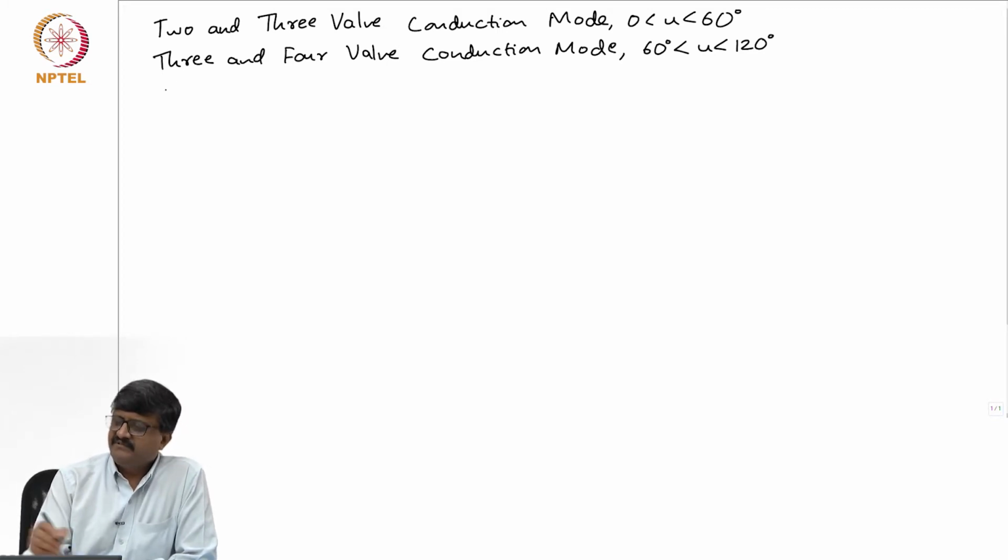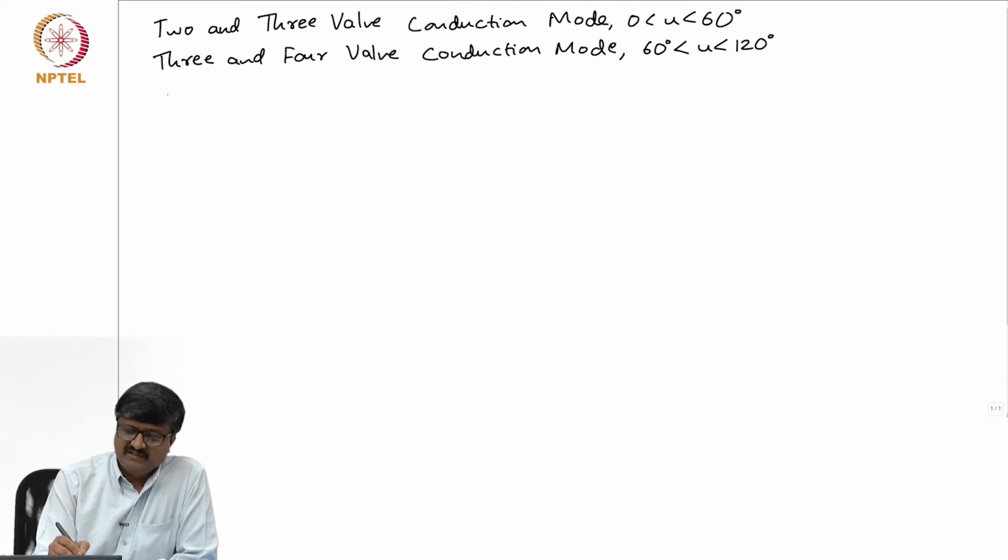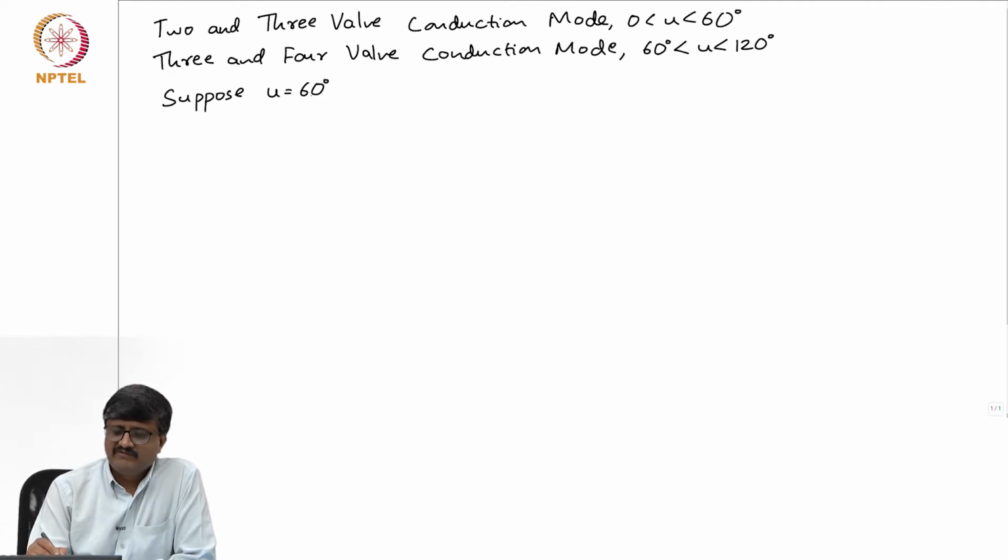Now we'll see what happens if U is exactly 60 degrees. Now one can see the number of valves that are conducting at any instant.